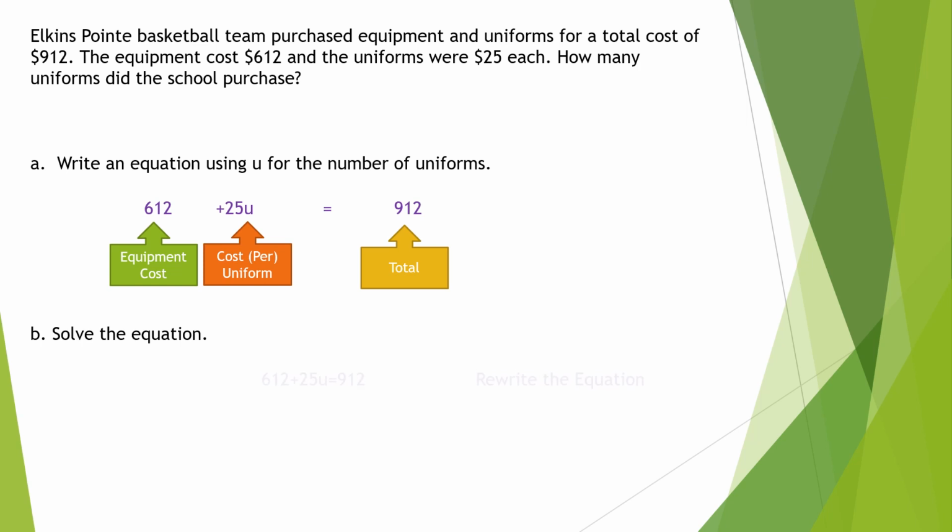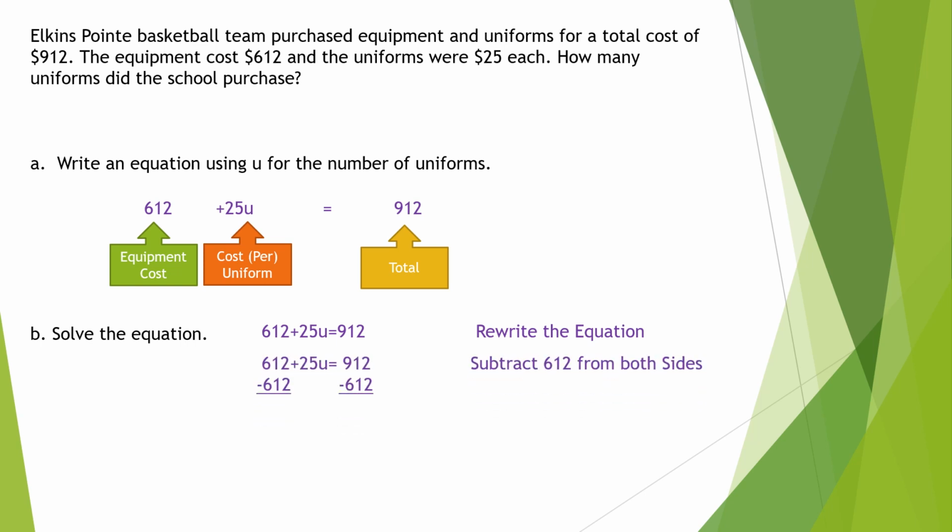Now we're going to solve. So to solve, we're going to rewrite that equation: 612 plus 25U equals 912. The first thing we're going to do is subtract 612 from both sides. On the left side, 612 minus 612 does form a zero pair, leaving us with just 25U. 912 minus 612 gives us 300.